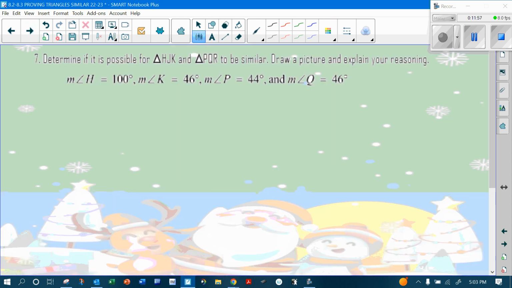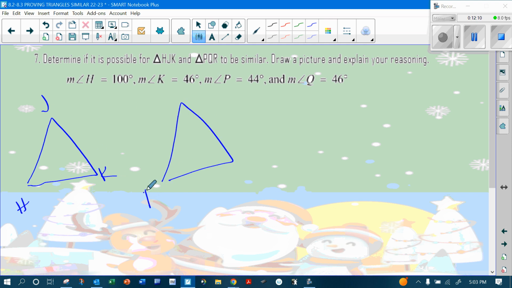It says to determine if it is possible for triangle HJK, so I'm just going to draw triangle HJK and triangle PQR. So they want me to prove that they are similar and draw a picture and explain your reasoning.